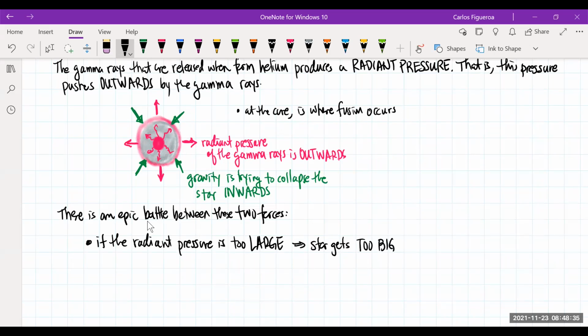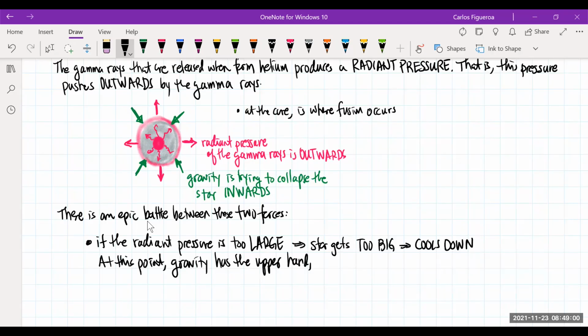But if it gets too big, it then cools down. So at this point, gravity has the upper hand.